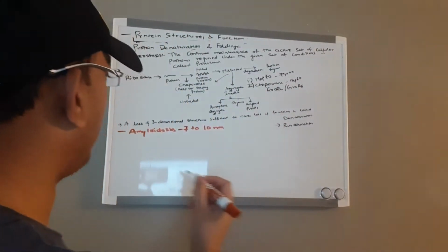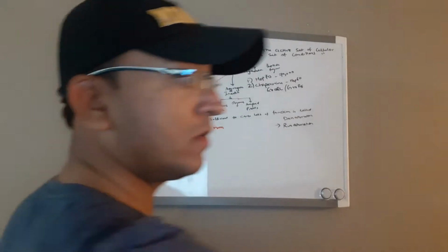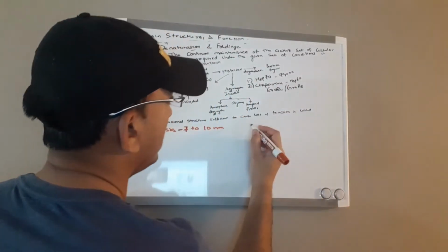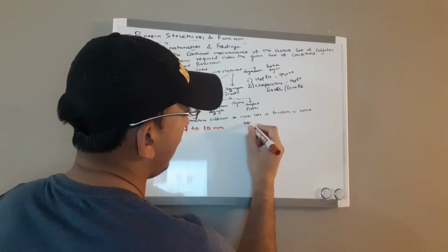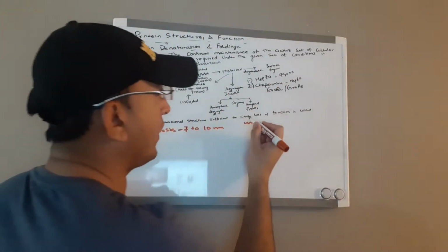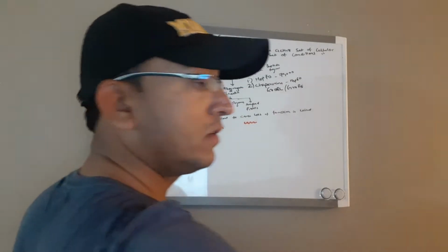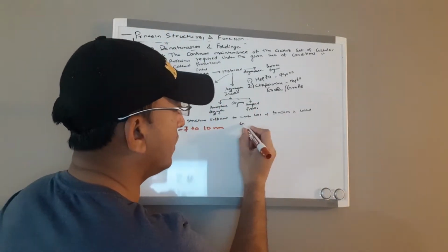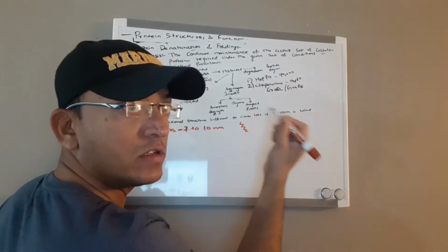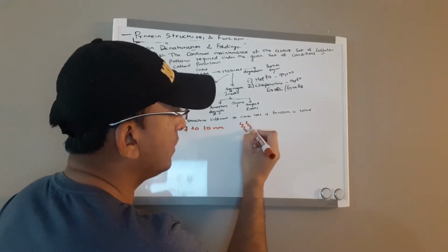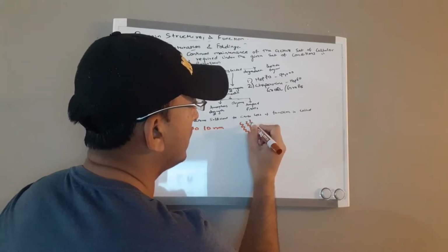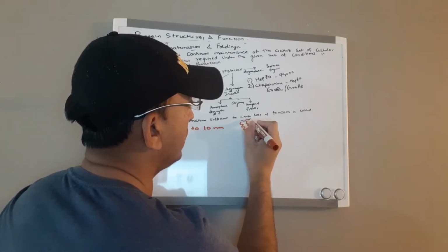So let's say, for example, we'll draw it on this side. I'm just drawing a native protein, in the folded state, and it's connected.